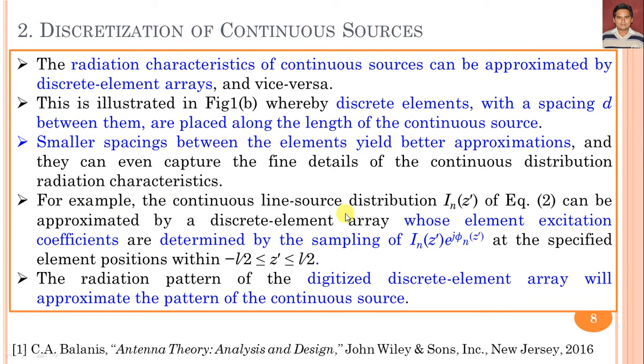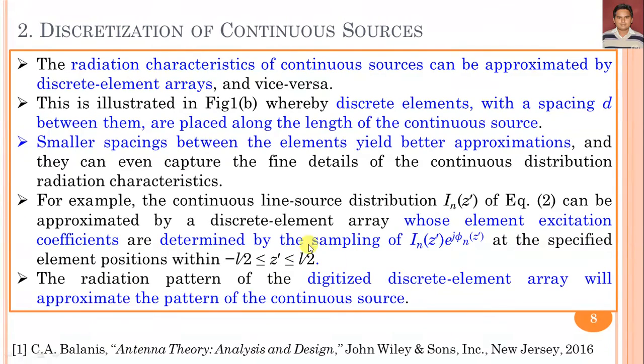The continuous line source distribution of equation 2 can be approximated by a discrete element array whose element excitation coefficients are determined by the sampling of I n z dash e to the power j phi n z dash at the specified element positions within the range minus L by 2 to plus L by 2. So here in the discretization we are taking the sampling with this factor, so we can calculate the radiation characteristics using the discrete current sources.